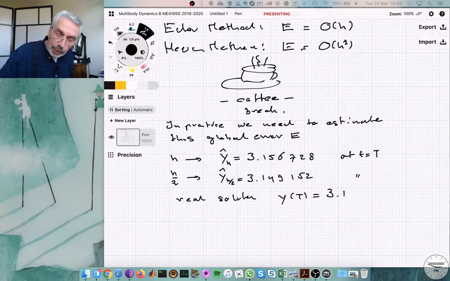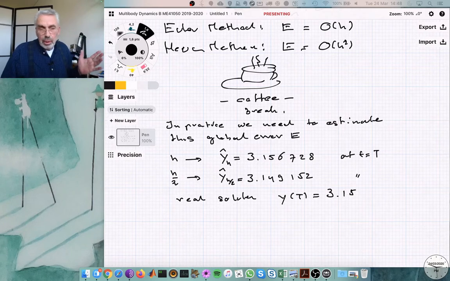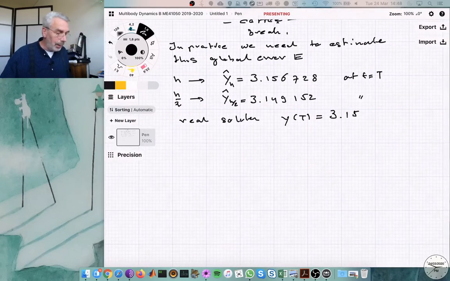I see 5, 6, so that could be 6. I see 4, 9, so my guess is it's 5. And that's it. More digits I do not trust. So that is a way to estimate. But the big thing is that we do a step and then refine our step and look at the differences. And there's a systematic way to do that.